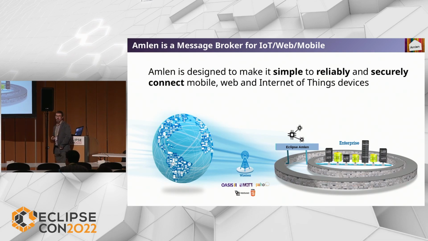I should mention that Amlen is Welsh for envelope. I actually chose the name Amlen. I was a bit surprised when we were going to donate the IBM product to Eclipse. They asked what we should call it and said it was a name that shouldn't have technical relation to its function and was easy to trademark.